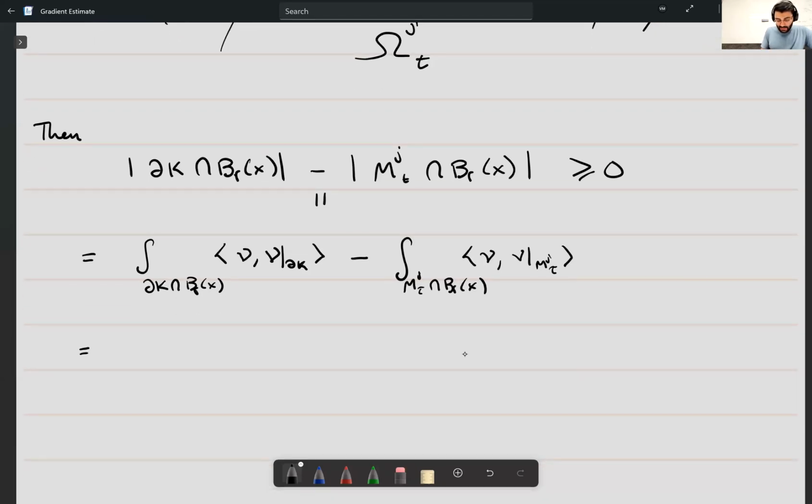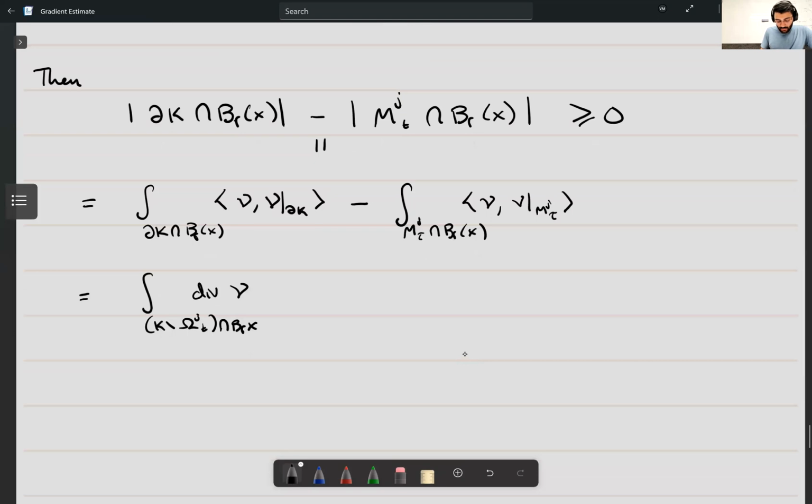But then I can integrate in the interior, in K minus Omega_J^T intersect B_R(X), the divergence of this vector field. The divergence of the normal vector field is just equal to the mean curvature of this family of surfaces evolving under mean curvature flow, so H is greater than or equal to 0.